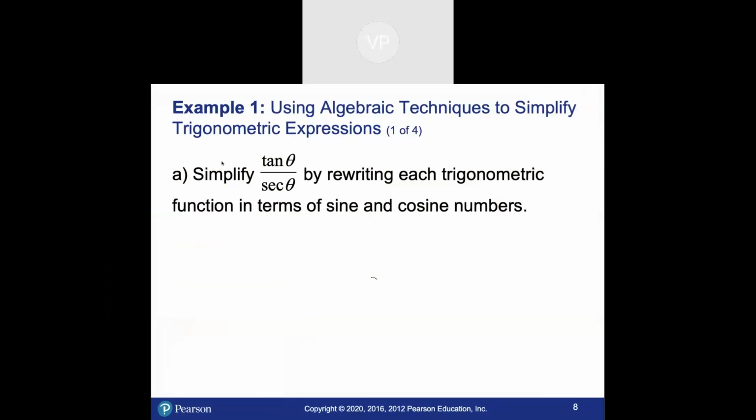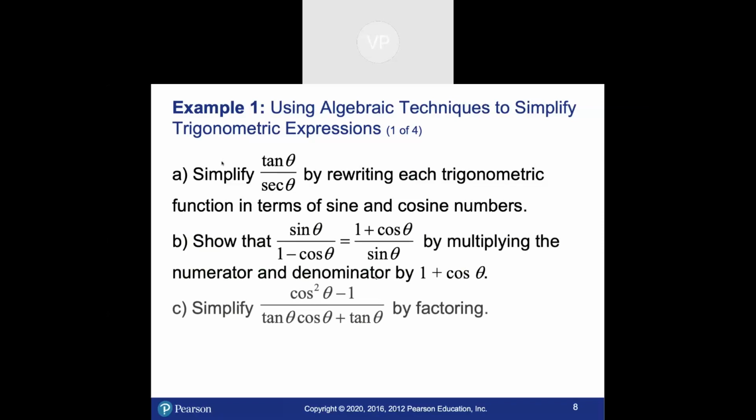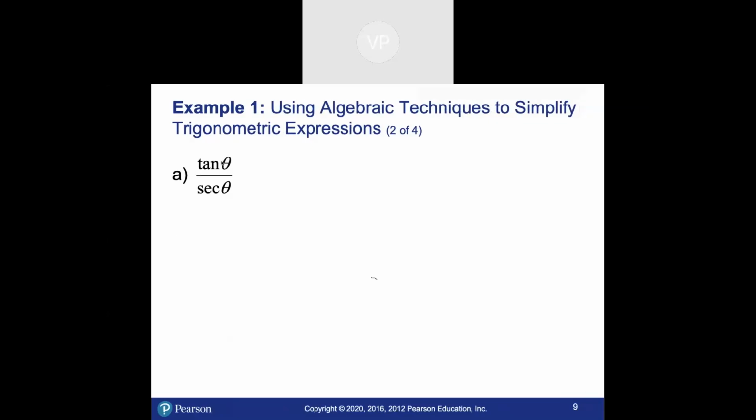Okay, so tangent over secant. The idea is that this can simplify. You may not realize it, but you can rewrite these. And one of those instructions was, if you don't see an easy cancellation, rewrite everything as sine and cosine, based on our identities in that first page.